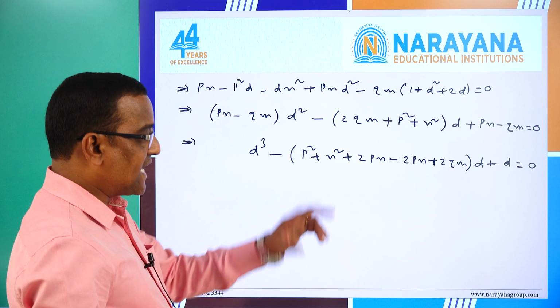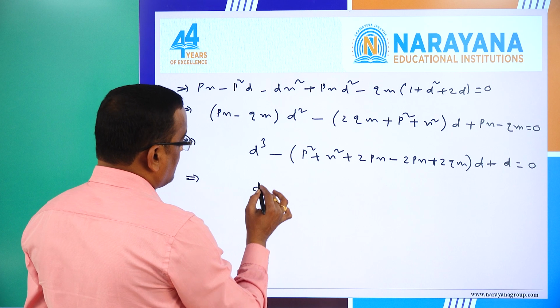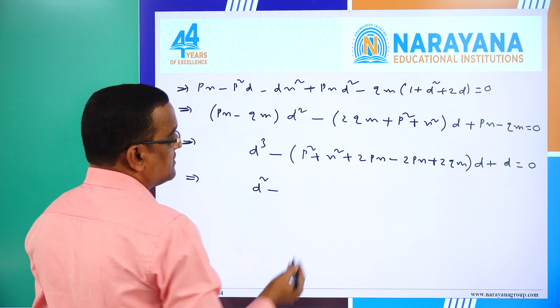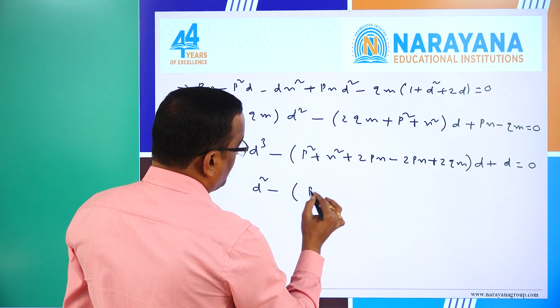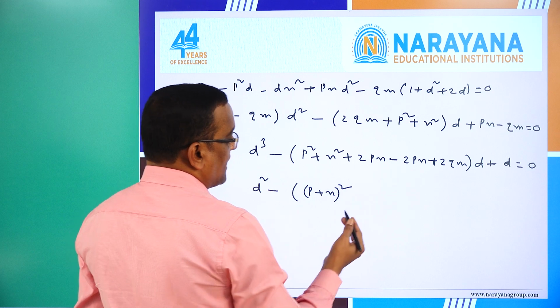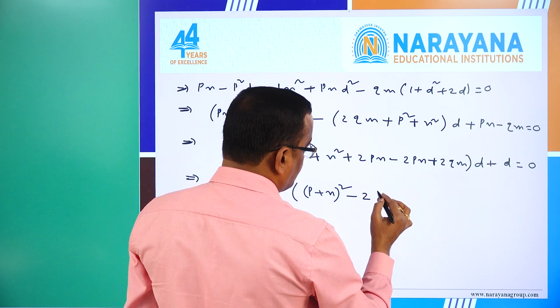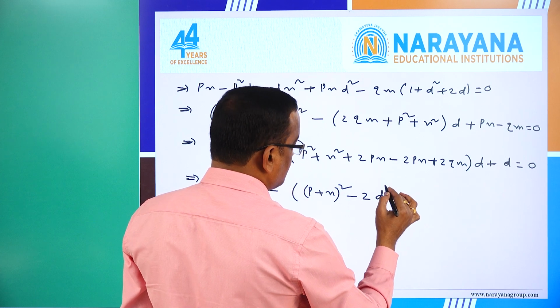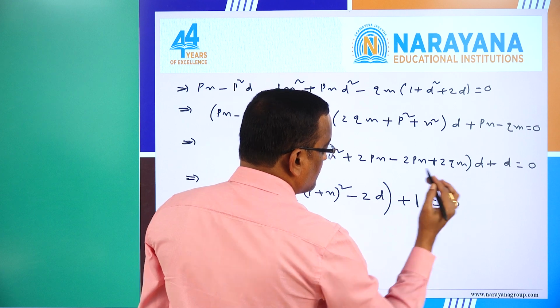Now 1 d we can cancel, given that d is different from 0. So we have d square minus p square plus n square plus 2Pn become p plus n whole square, and taking minus 2 common here, it is Pn minus Qm. Pn minus Qm is d again. This d plus 1 is equal to 0.